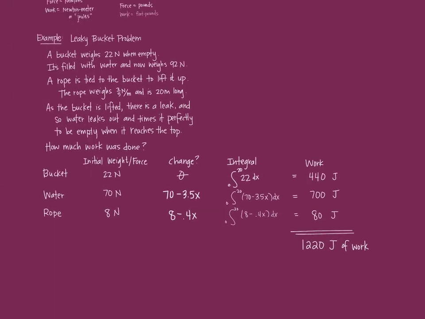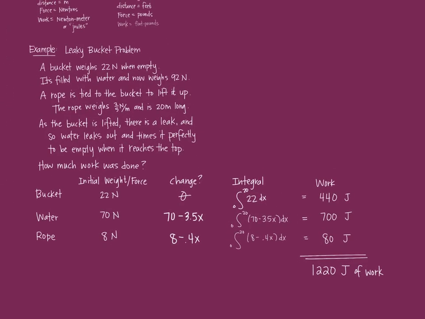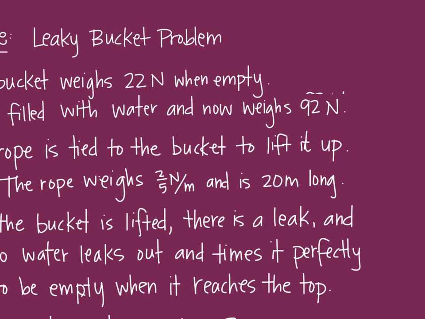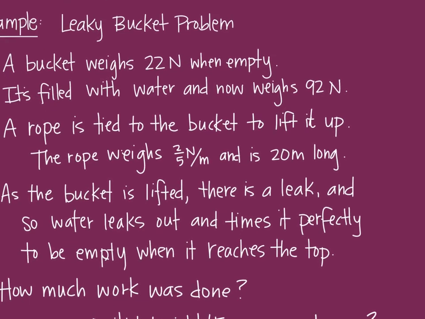All right, let's try another one. In your homework, you're going to be asked to do the same thing, only the bucket may be filled with oil instead of water. The only thing that will change is that oil has a different weight than water does. Or maybe you'd be given a bucket made out of plastic instead of whatever this is.